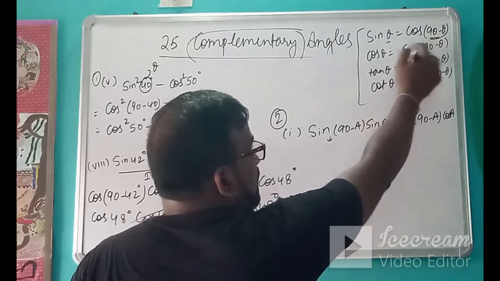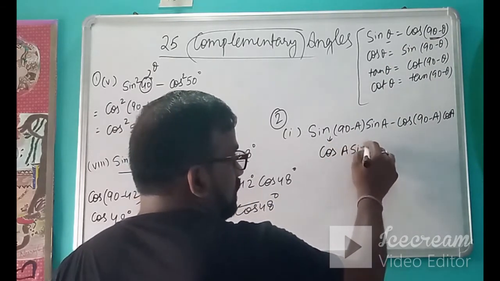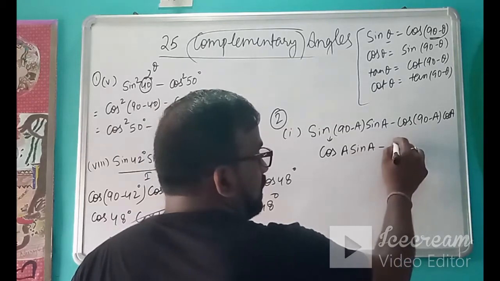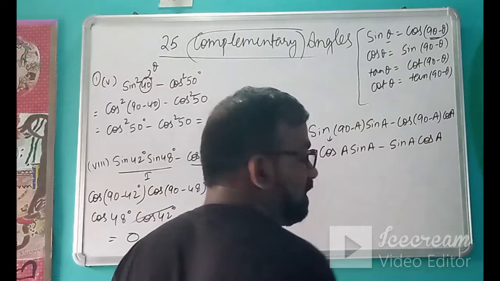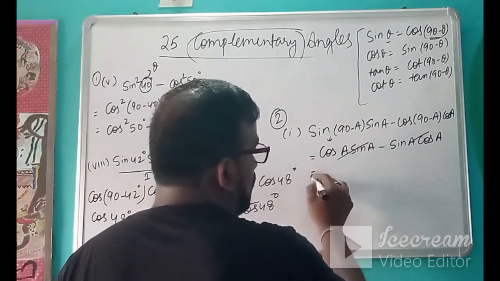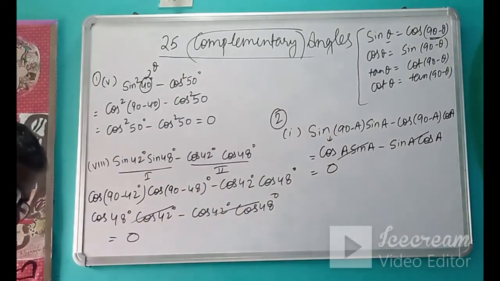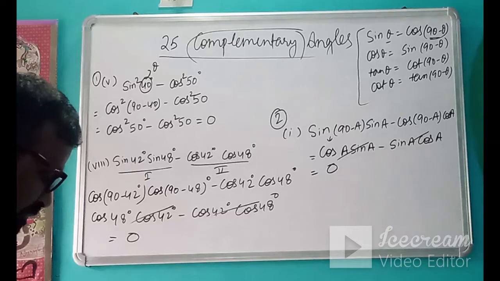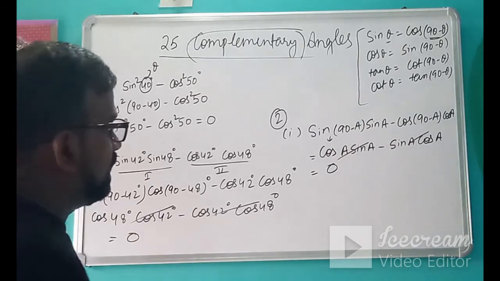Sin 90 minus theta is cos theta, so it becomes cos a sin a, and the other becomes sin a cos a. And since multiplication is commutative, the two will cancel each other, and the answer is 0. Okay, so these are the simple applications in which you will use the concepts of complementary angles.